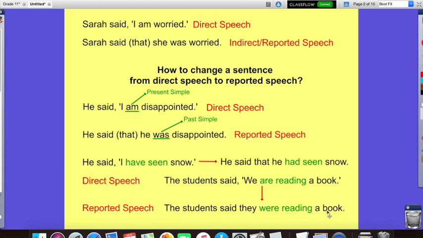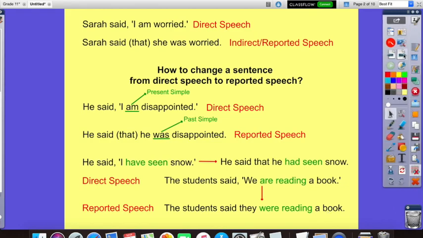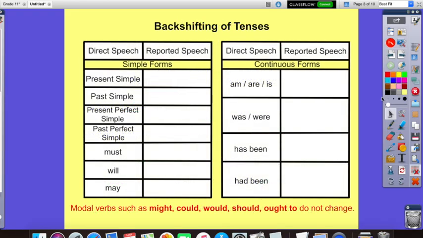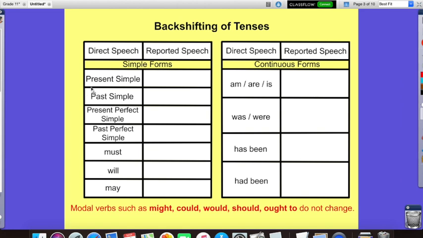So what happens to the verb when we change a sentence from direct speech to reported speech? The verb shifts one tense back. So present simple changes to past simple. Past simple changes to past perfect simple.